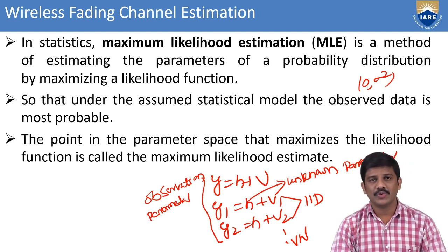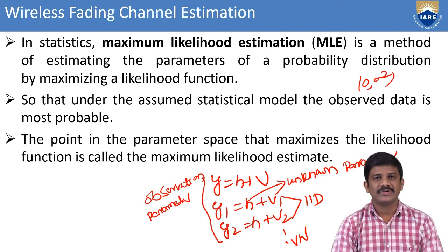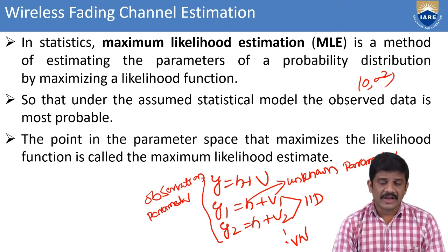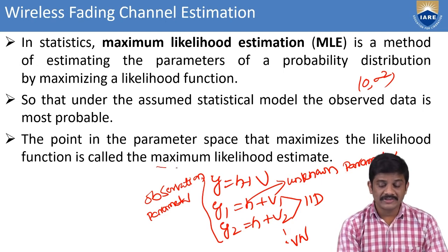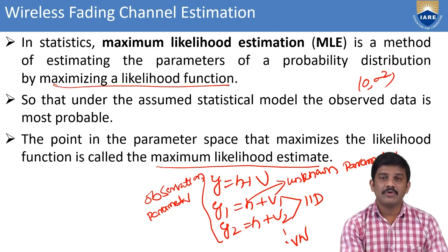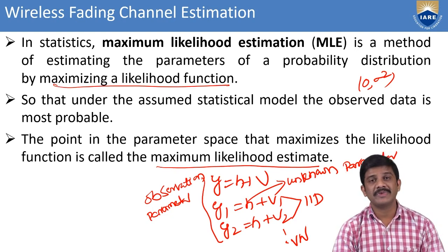Same as here, we can find all the parameters in the maximum likelihood function. For the parameter, we take the point in the parameter space that maximizes the likelihood function; that is called maximum likelihood estimation. But we have to estimate the parameters.